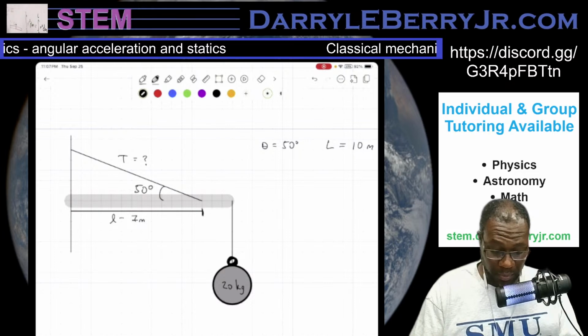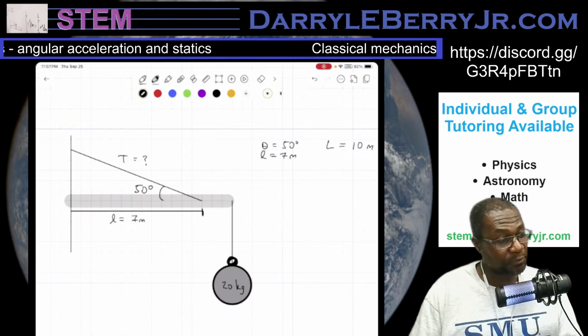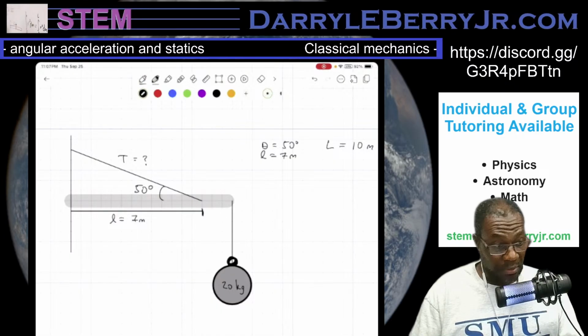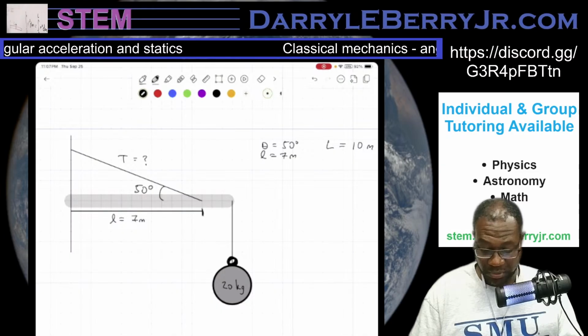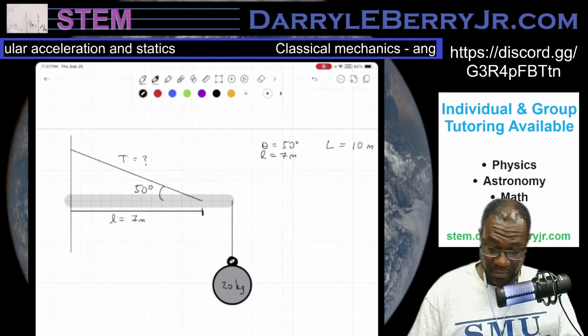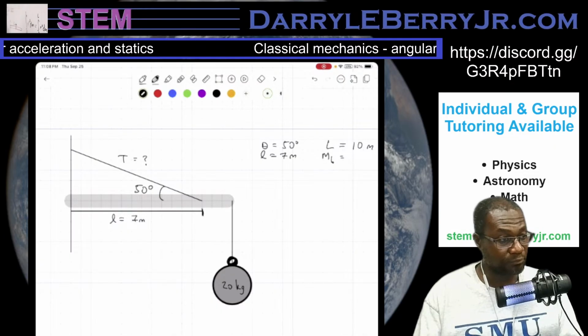The sharp part here we'll call little l equals 7 meters. We need the mass of the beam.